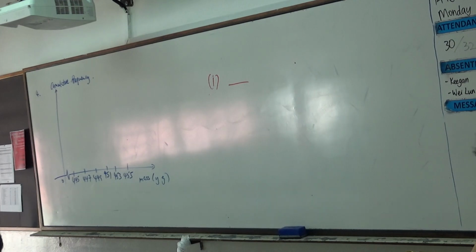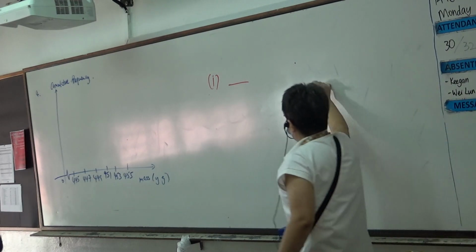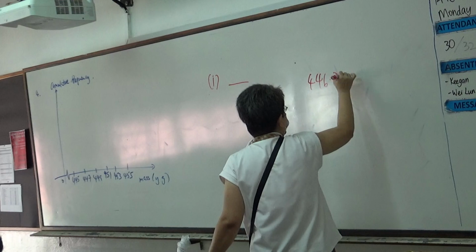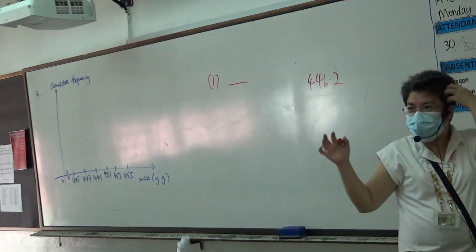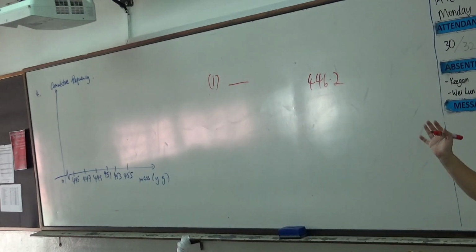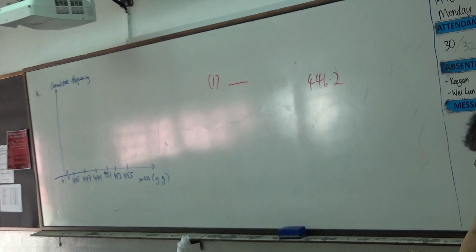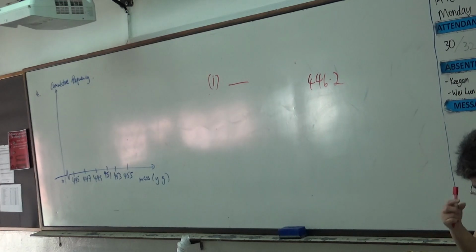Now, given that a loaf is underweight if it is less than 446.2, and overweight if it is more than 453.6. I want you to look at 446.2. How many of it is this weight or less? All of you read for me first.